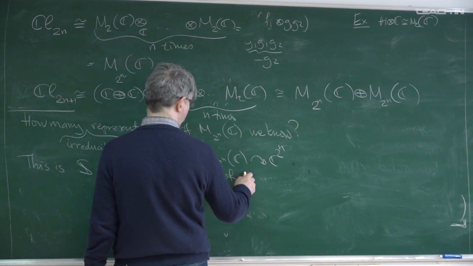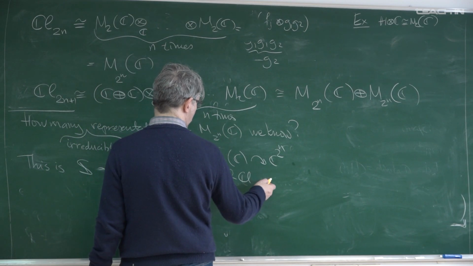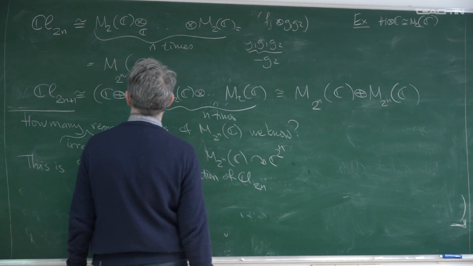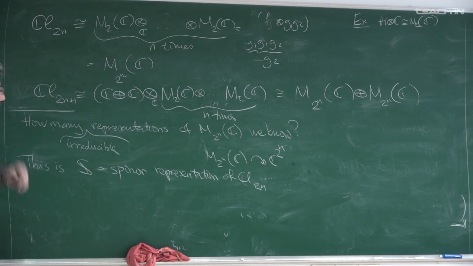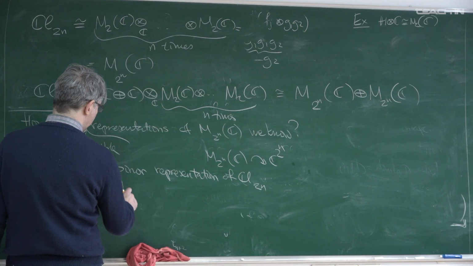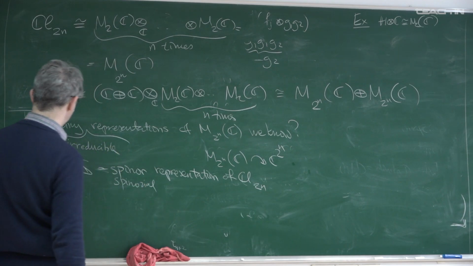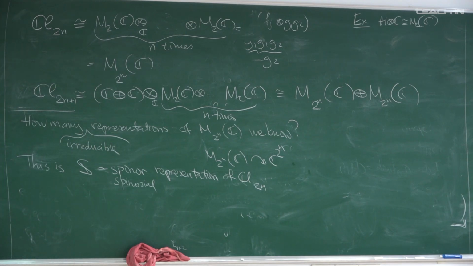Of what? It should be even dimensional. In some books, people write spinorial, but I will say that it is the Spinor representation. What is very important here?